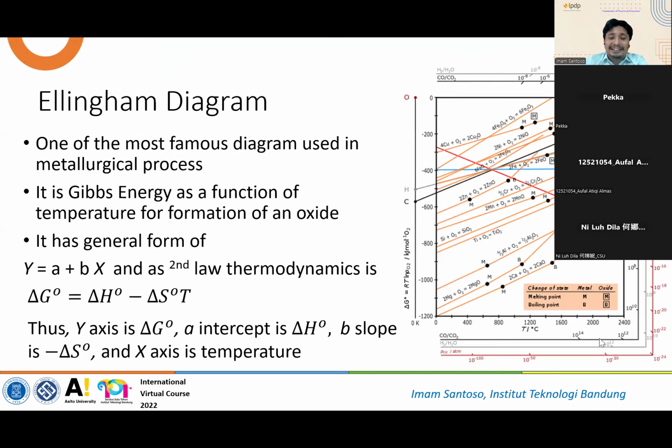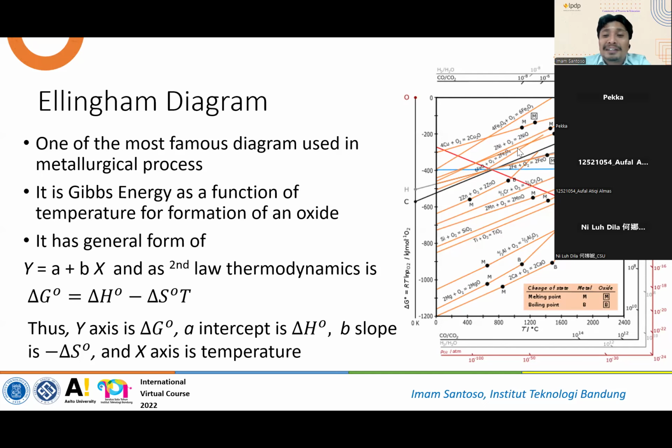On the x-axis, it is temperature, and on the vertical axis, it is Gibbs energy. What Gibbs energy? It is the Gibbs energy of reaction, the formation of an oxide from oxygen and its element.